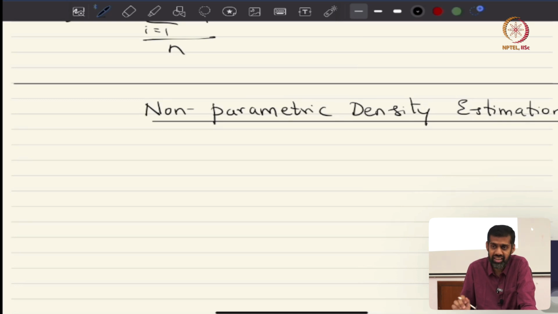In that case you need not make any assumption on the parametric family from which this density function is coming. So the methods that do not make any parametric assumption on the density function, but only give you a way to evaluate the density function at a particular point, are the non-parametric density estimates. Okay, so let us look at some of those methods.